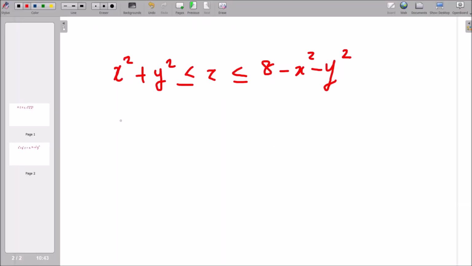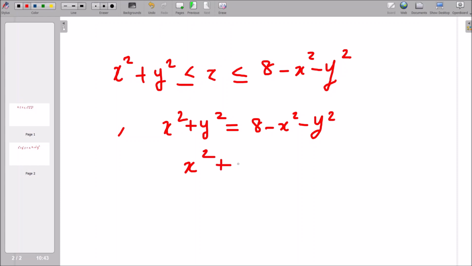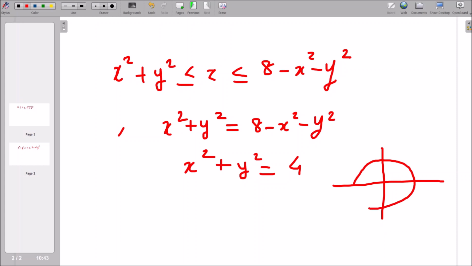So if I equate these two, I have x square plus y square is equal to 8 minus x square minus y square, and this will give me x square plus y square equal to 4. So this is the equation of a circle. So in the projection in the xy plane, I am getting this circle of radius 2.